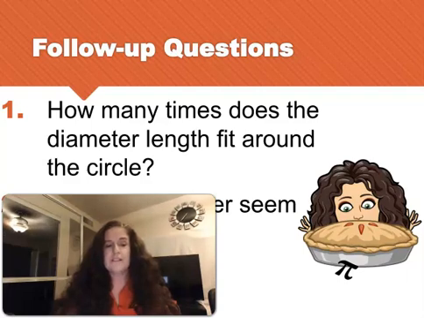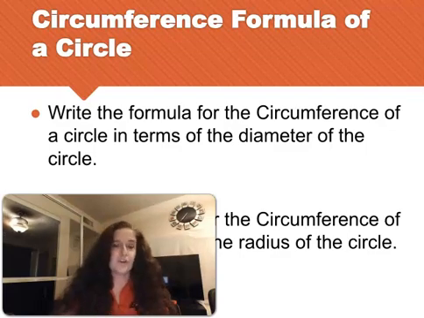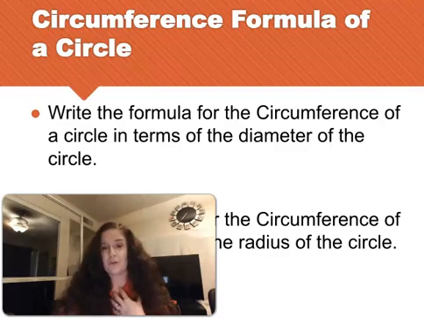And then we're really going to dive into what is pi, and why our formula for circumference is what it is. A lot of you learned a formula of C equals 2 pi r, but there is an alternate formula of C equals pi d, and that is my preferred formula.